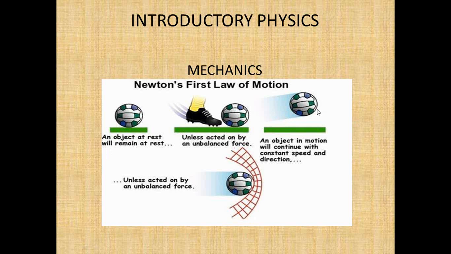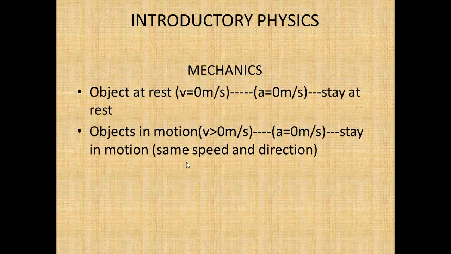If you eliminate air resistance and stuff like that, it will just continue to move uninhibited. If it's acted on by an unbalanced force, so if the ball was kicked into the net, then the net becomes the unbalanced force. It prevents the ball from moving further. So that's a practical description of Newton's first law.